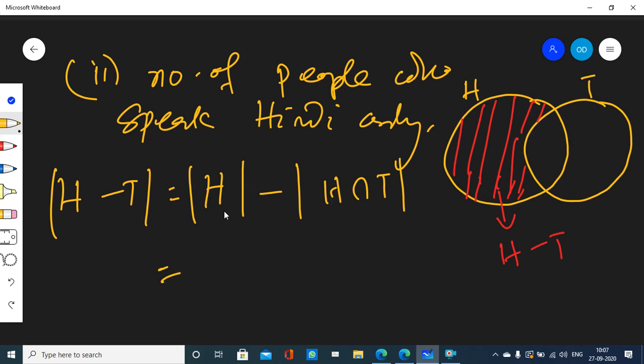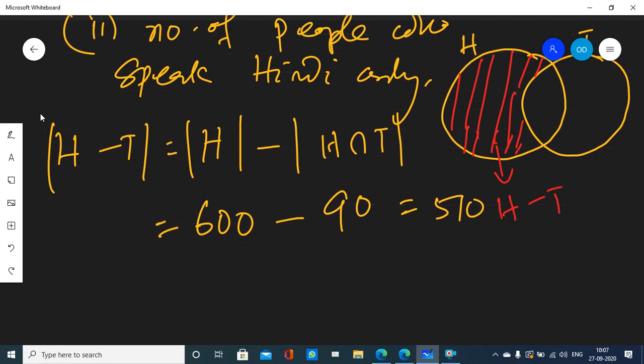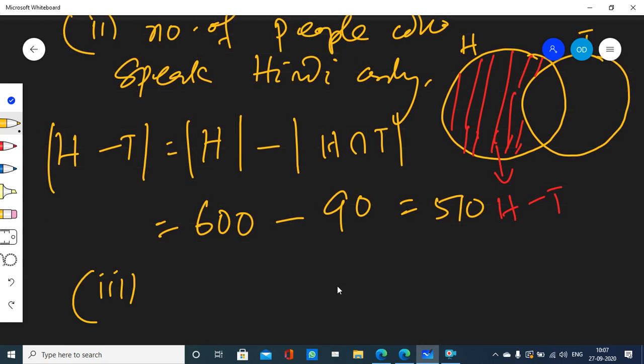What is the cardinality of H? You already know it, 600 speak Hindi, and you have already found the intersection is 90. The answer is 510. So 510 speak Hindi only.